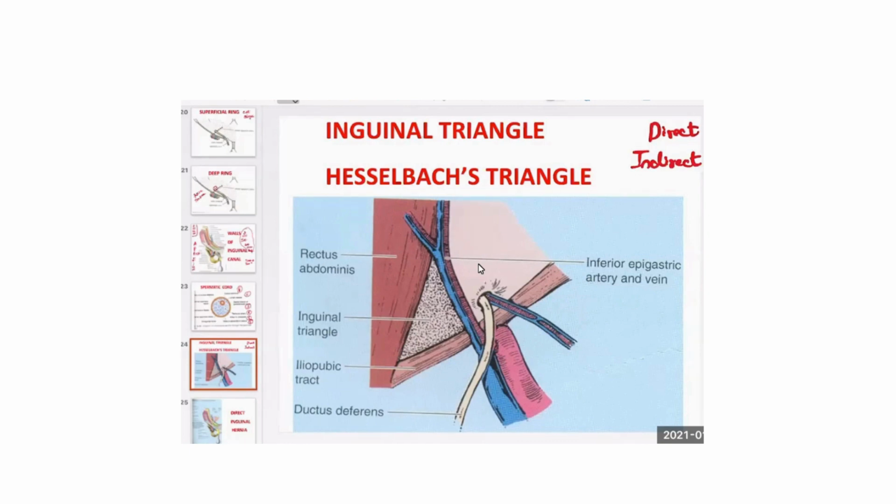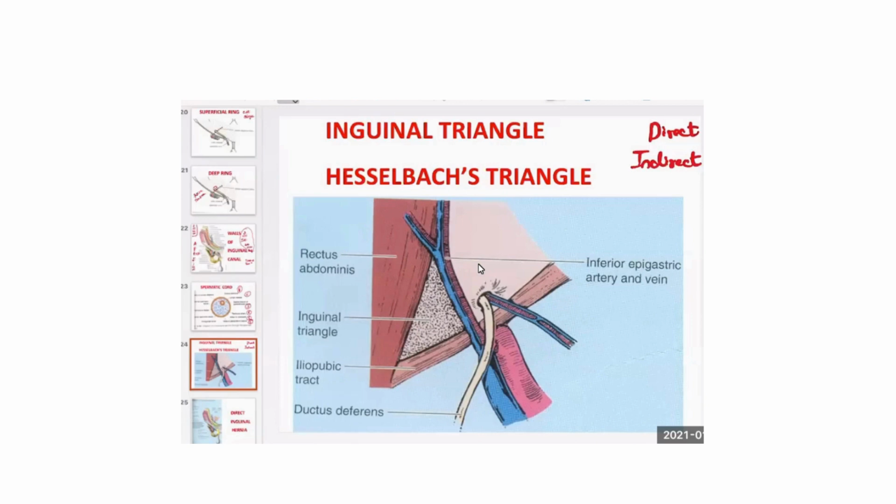Now to differentiate it, we have a triangle called the inguinal triangle, otherwise called Hesselbach's triangle, which is formed medially by the lateral border of rectus abdominis muscle, below by inguinal ligament, and laterally by the inferior epigastric artery. This is lateral, this is medial, this is below, a triangle.